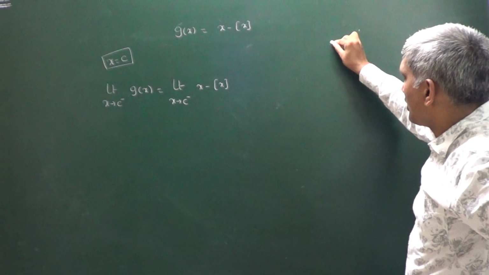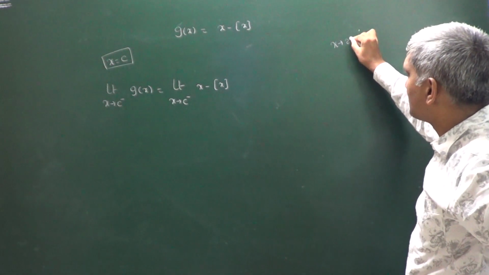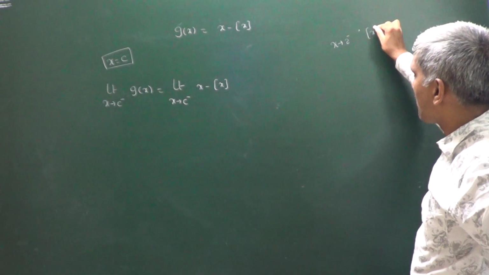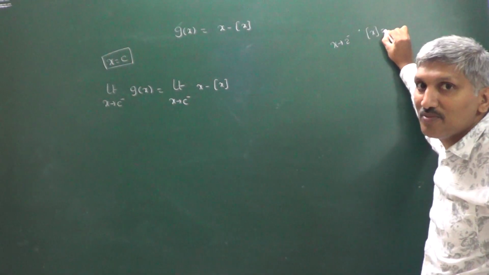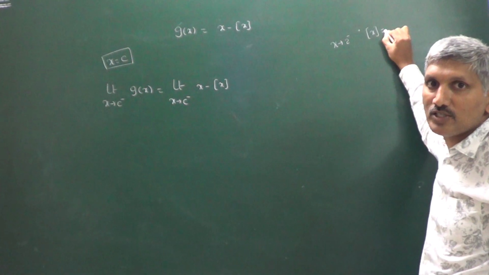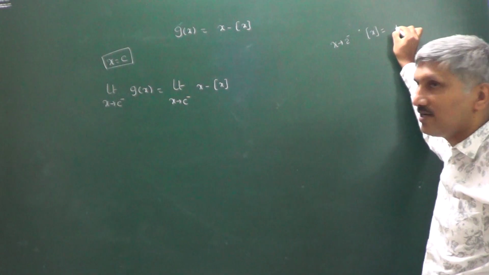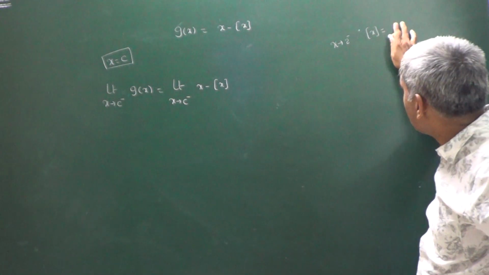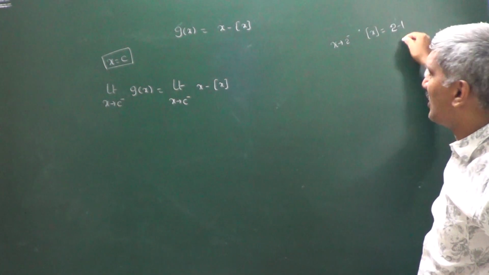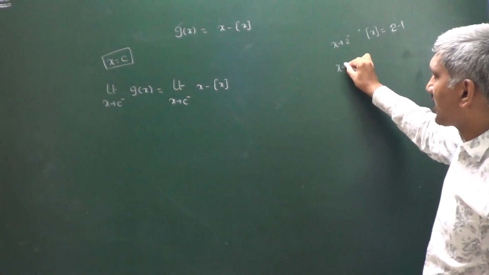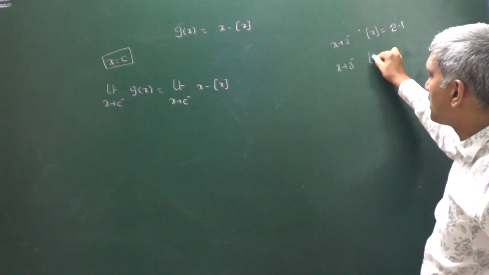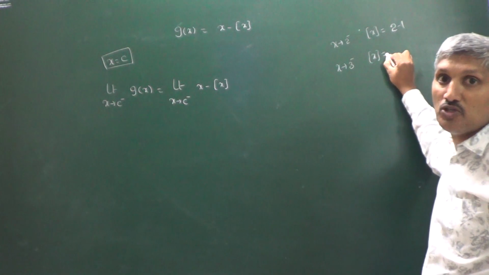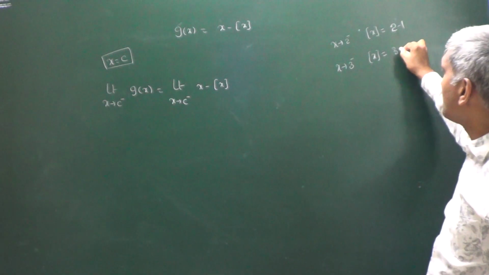Observe here, x tends to 2 minus, what about the integral part of x? It is 1. At the same time, x tends to 3 minus, the integral part of x is equal to 2. It is nothing but 3 minus 1.